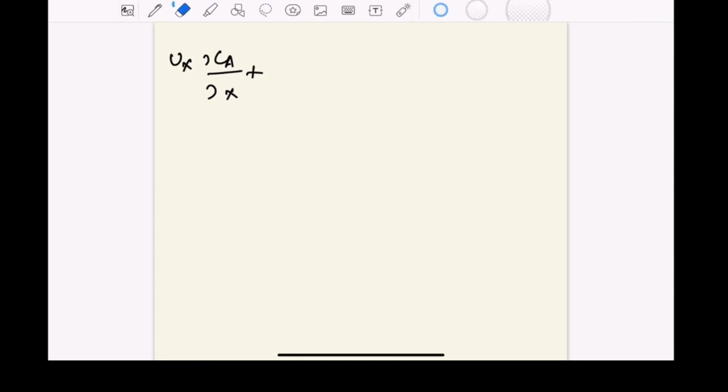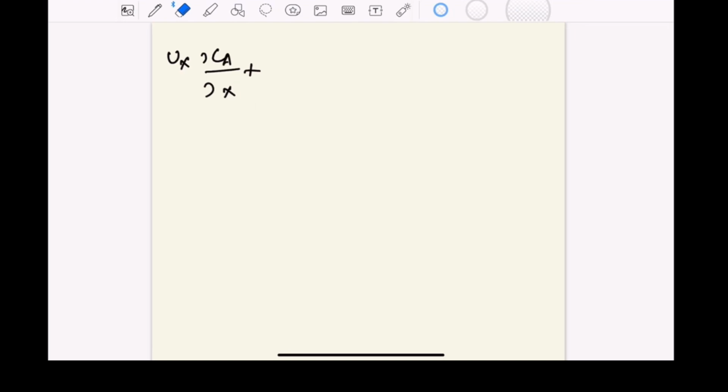We are writing CA because we have multiplied with density ρA and divided by MA to give concentration.